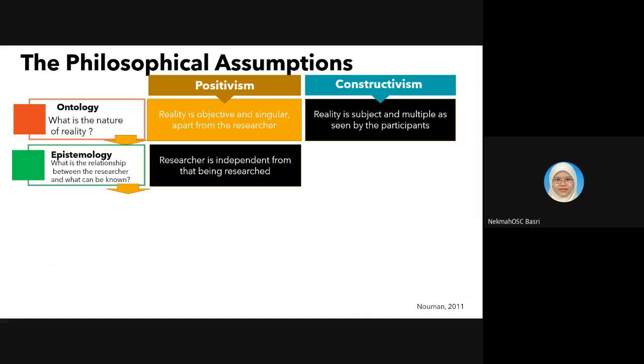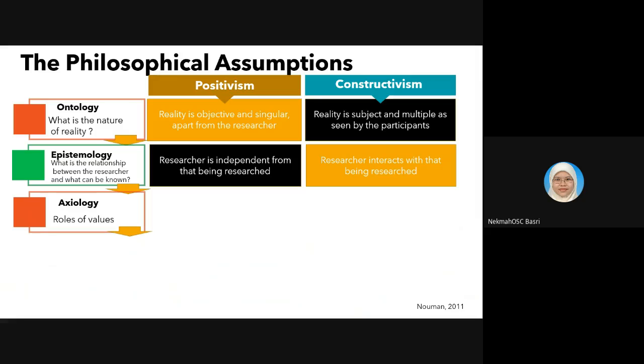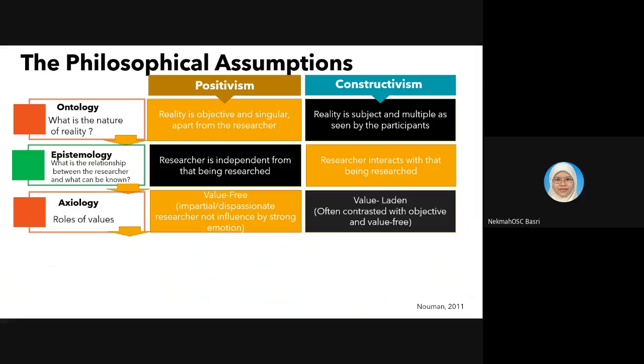In positivism, the researcher is independent from the one being researched, while in constructivism the researcher interacts with the one being researched. Axiology is about the role of values. For positivism it is value-free, an impartial, dispassionate researcher not influenced by strong emotion, and for constructivism it is value-laden.